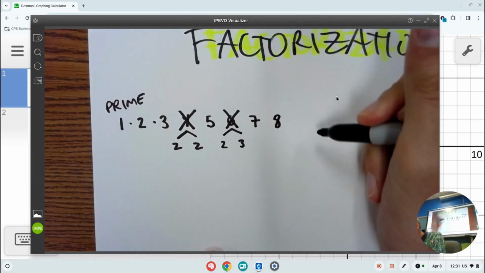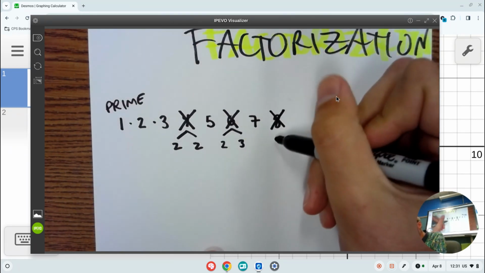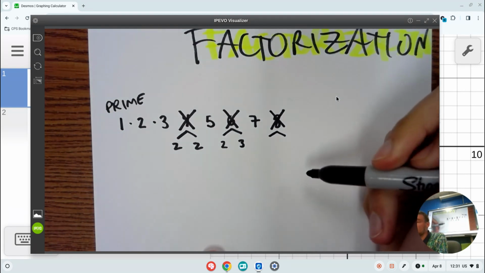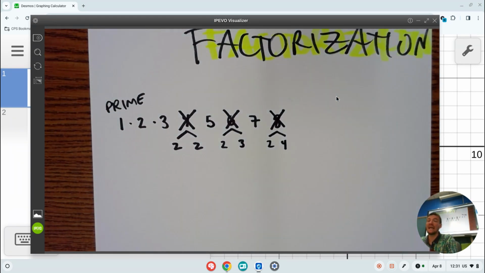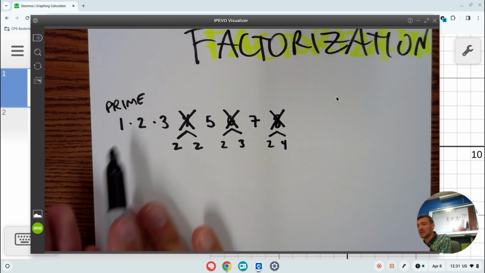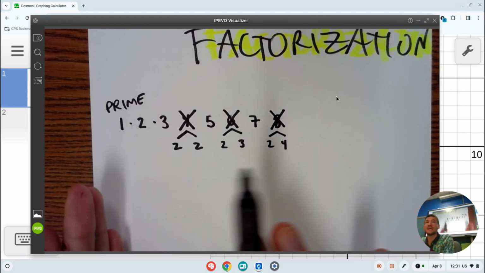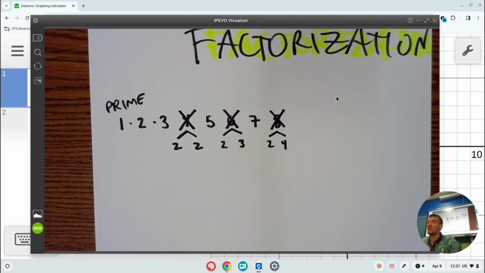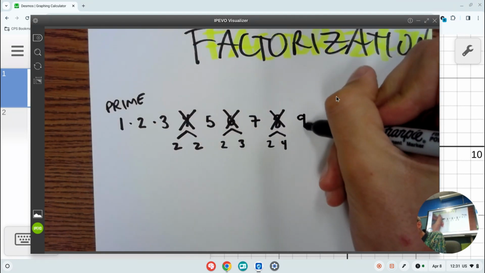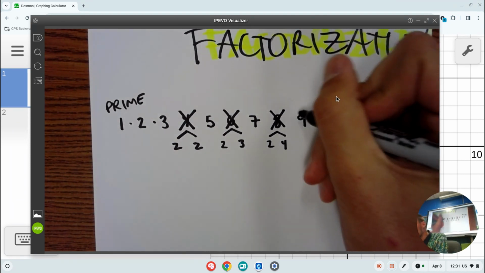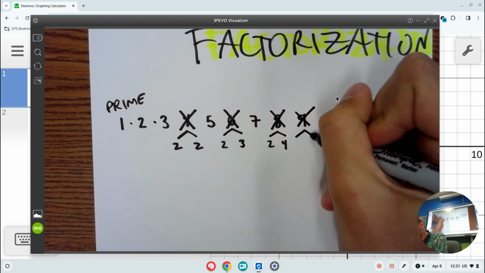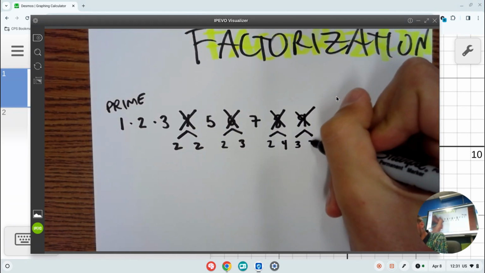What about 8? No, 8 is not prime because you can multiply 2 times 4 to get 8. Right now we're doing a little every other thing because all of the even numbers will not work because every even number can be divided by 2. What about 9? 9 is an odd number. Is 9 prime? No, because 9 is 3 times 3.